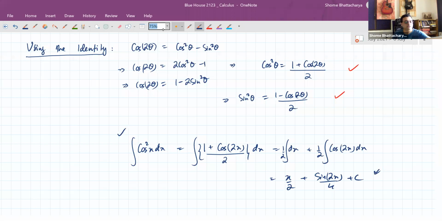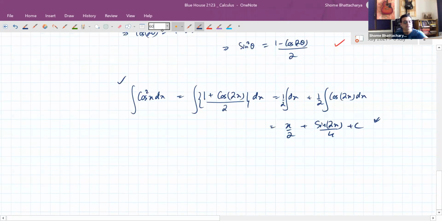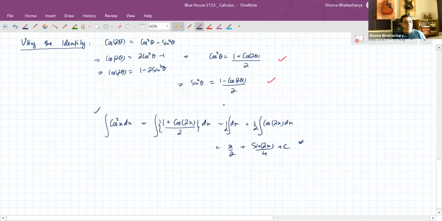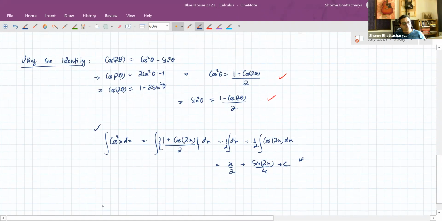Similarly, you'll see we can also solve for sine square x dx's integration using the second identity. Similarly, we have integration of sine square x. We use this identity that sine square is 1 minus cos 2x whole thing divided by 2. So again, split this up.